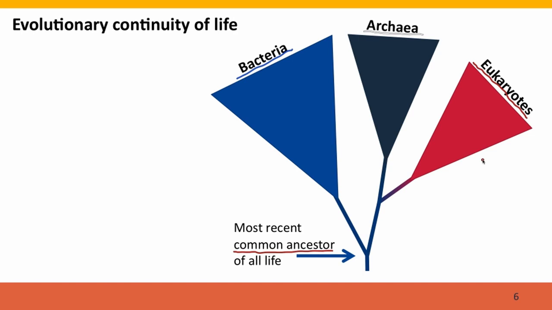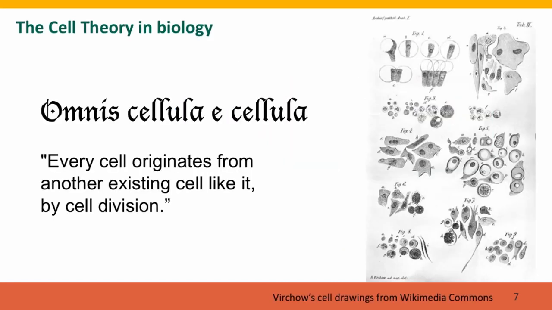Now, this picture is supplemented by something called the cell theory. This is a theory that was developed around the 1850s, when good microscopes became available and it was possible to see how cells divided. At that time it was realized and popularized by a German named Virchow that all cells came from existing cells by cell division.